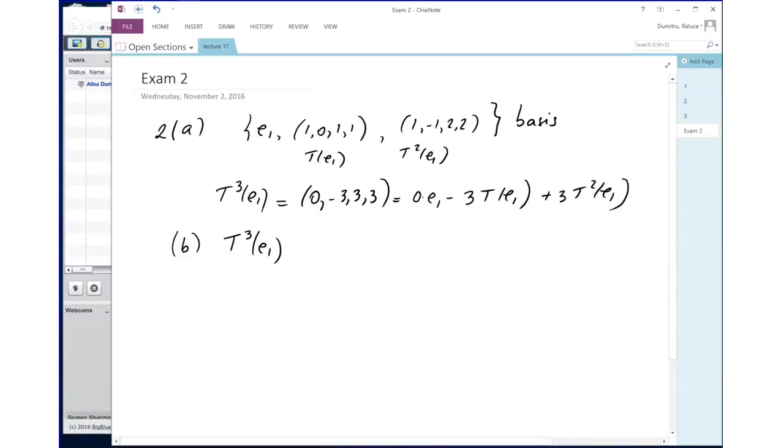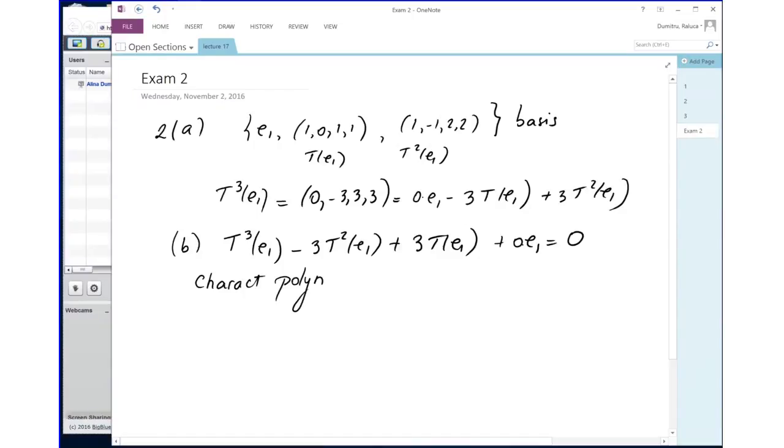But once you get to a set that is dependent, if you move everything to one side, those coefficients are actually giving you the characteristic polynomial of the restriction of T to W. And it was negative 1 to the dimension of W, which is 3, right? We found 3 vectors there.